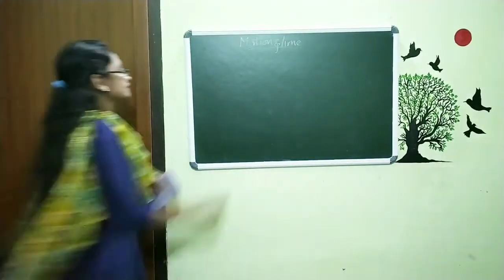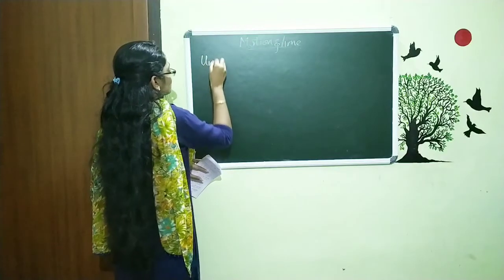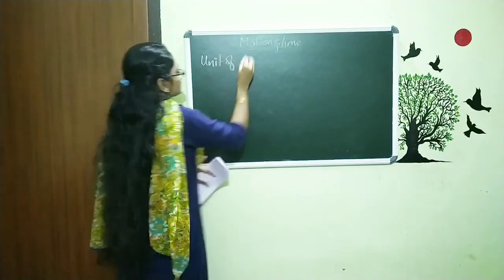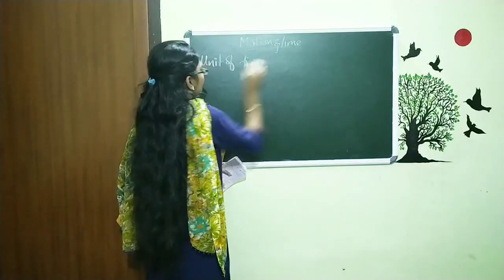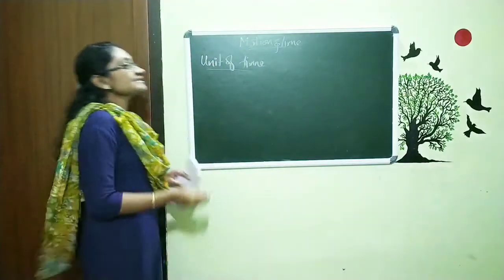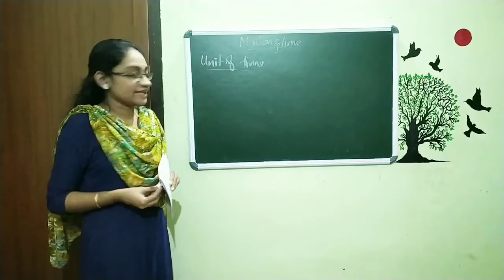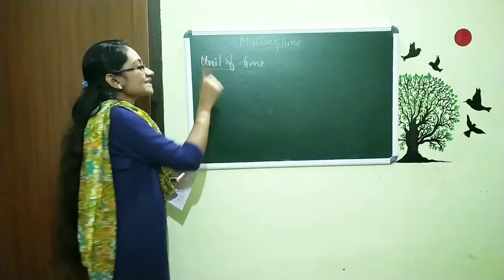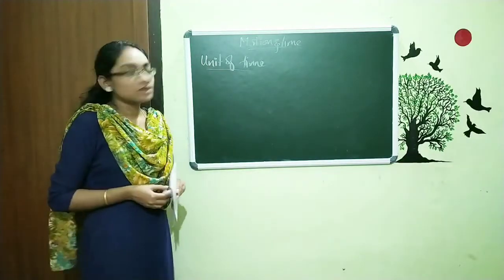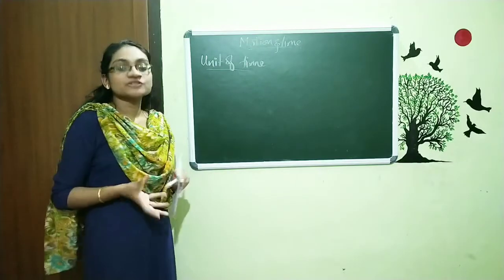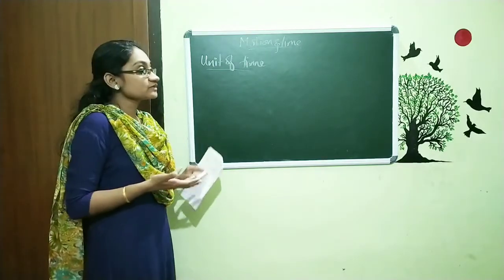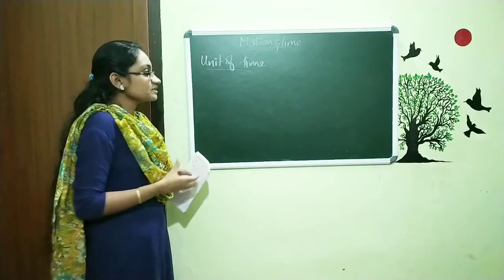Unit of time. The fundamental things about units you already studied in your 6th standard. Now we are just going to study the unit of time. What is the standard unit of time? You can see that we use different units to measure time.